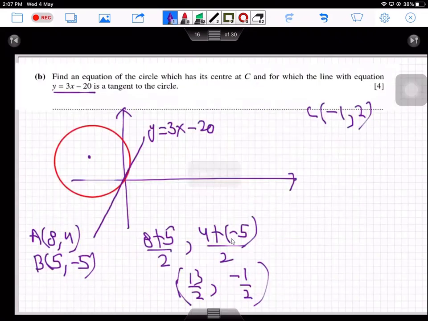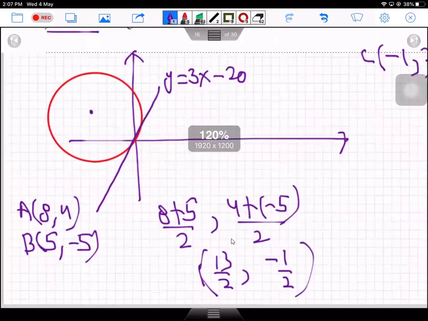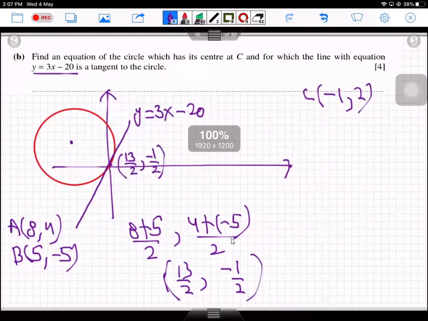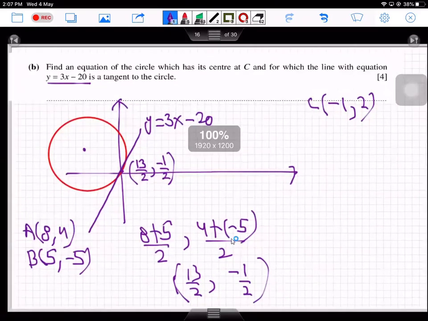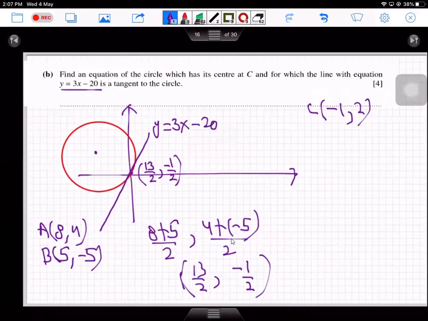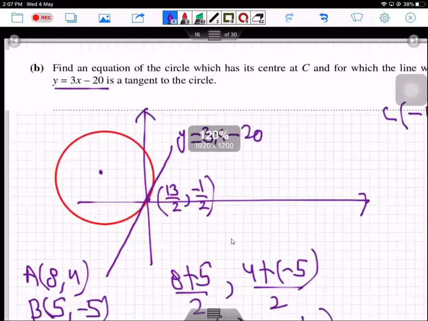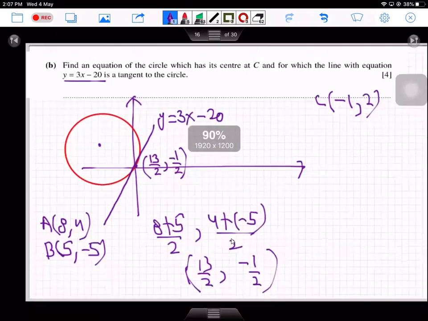So this coordinate we are just writing 13 over 2, minus half. And since this is just a very rough sketch, as you can see, according to this sketch it cannot be said that this point is exactly 13 over 2, minus half, but this is a very rough sketch.